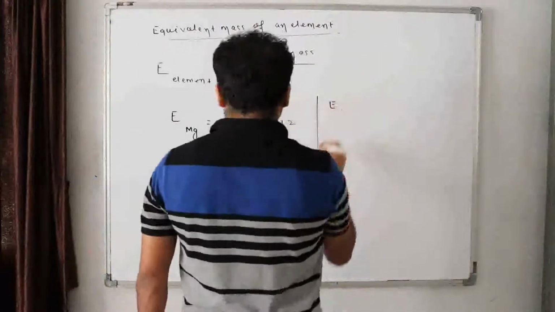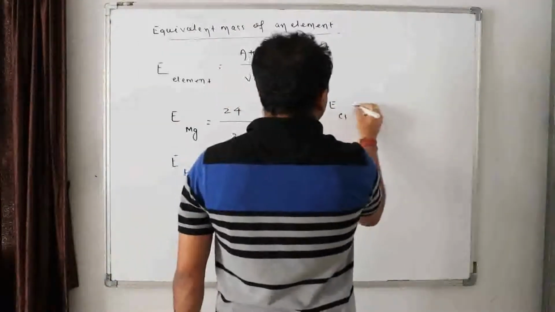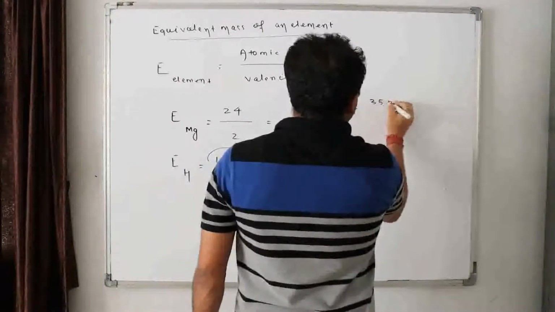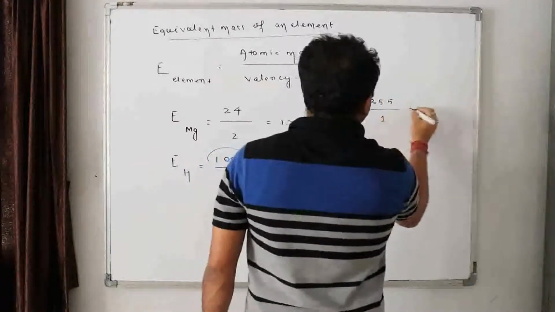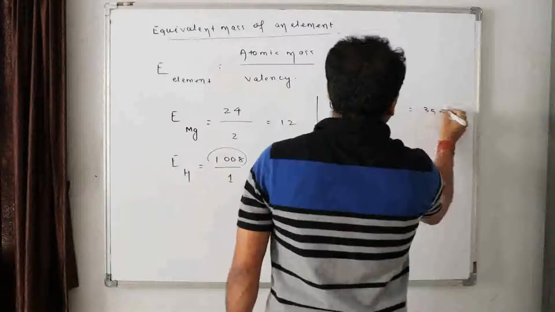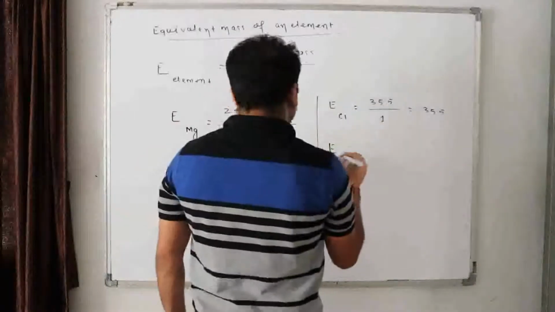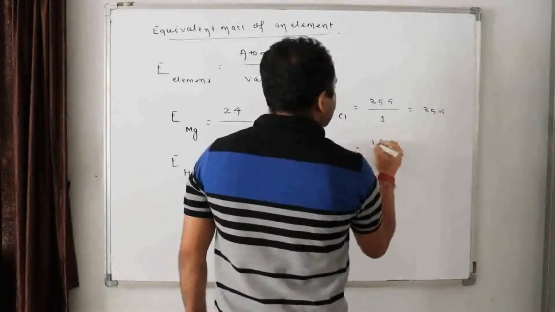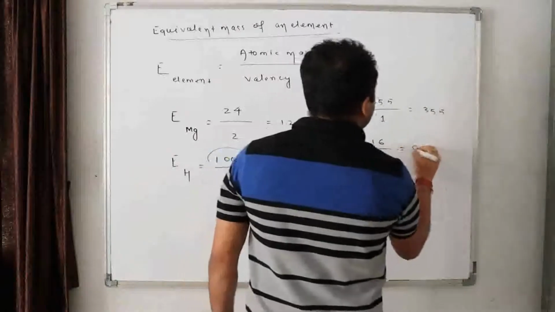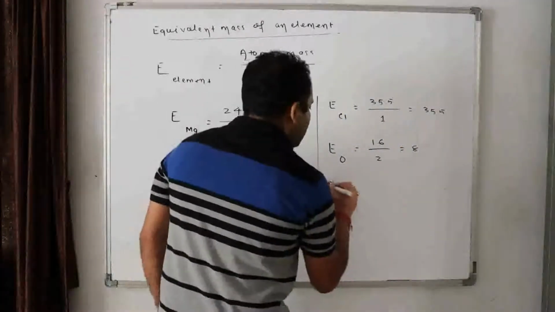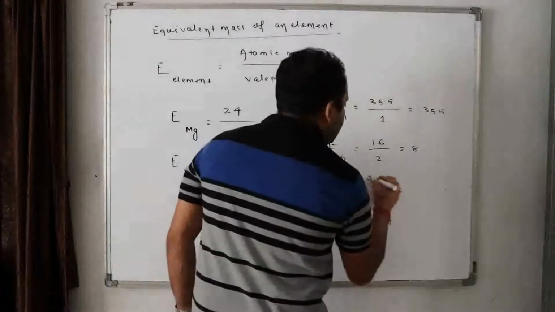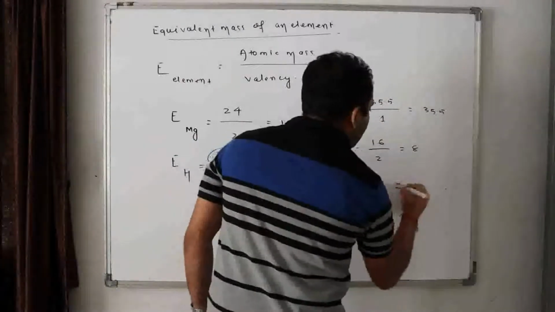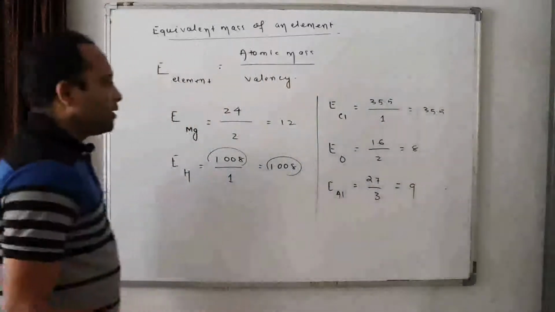Equivalent mass of chlorine: atomic mass 35.5, valency 1, so 35.5. Equivalent mass of oxygen: atomic mass 16, valency 2, so 8. Equivalent mass of aluminium: atomic mass 27, valency 3, so 9.